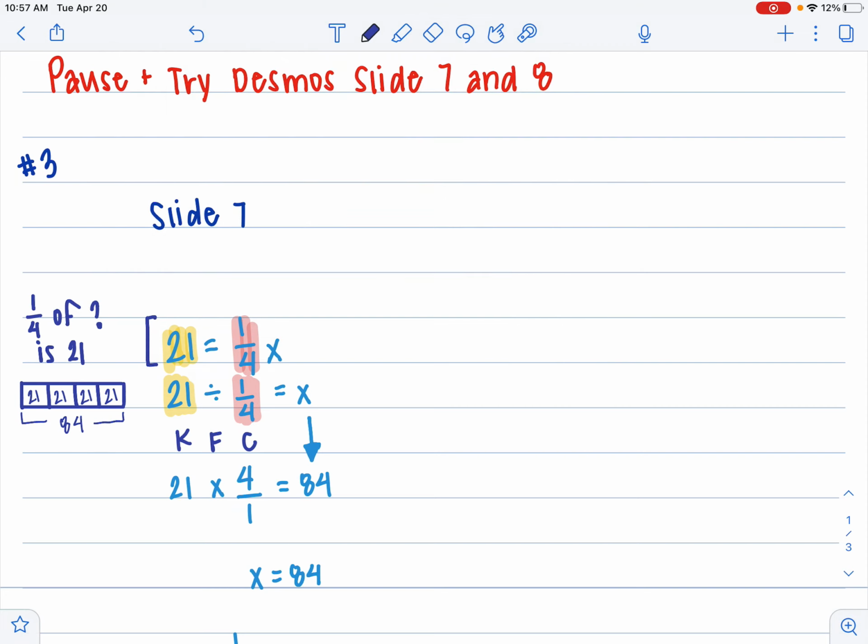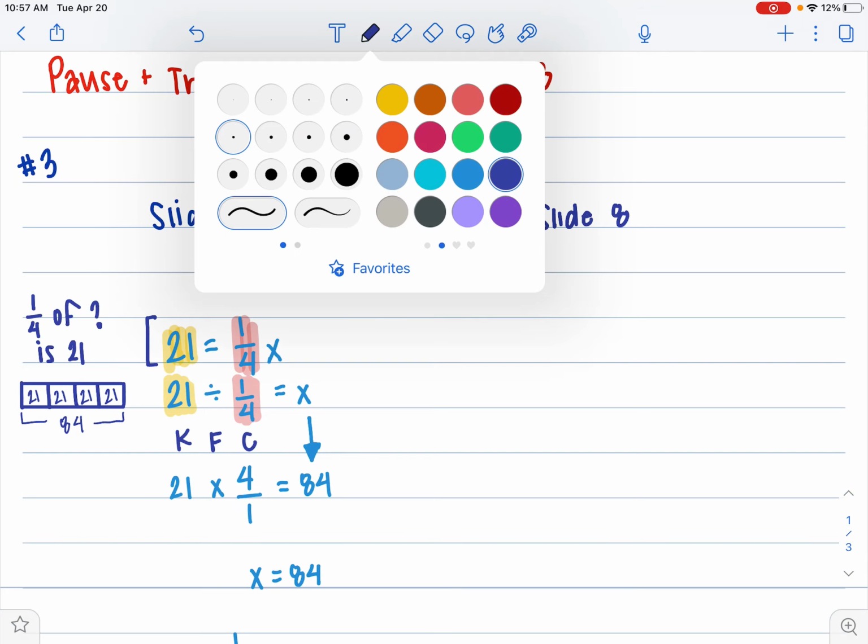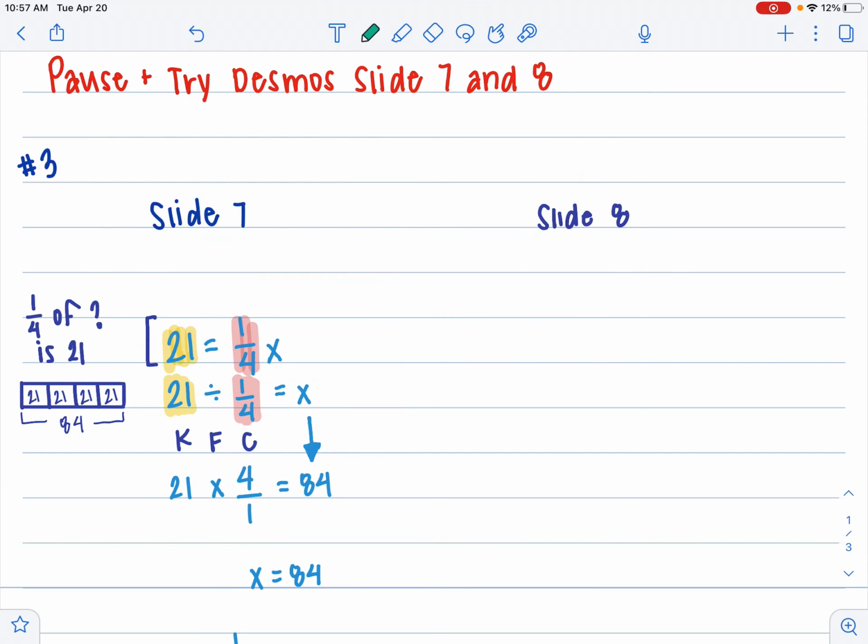So if you were stuck on this in slide 8, I encourage you to go back and give slide 8 a try before I show you exactly how to do it. On slide 8, the question looked like this. We had 28 equals 1/3 x, and we could follow exactly the same system, the same procedure that we did for slide 7.